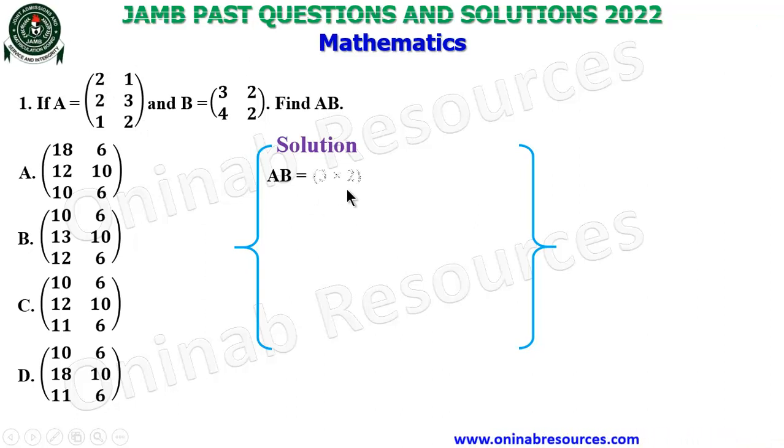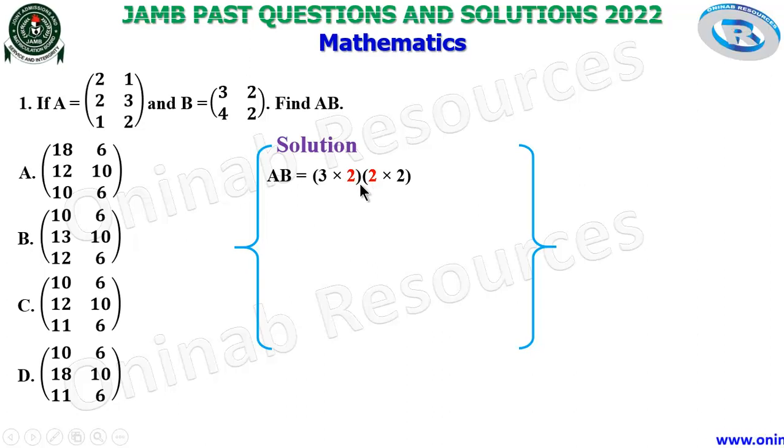That's going to give us a 3 by 2 matrix. And B is a square matrix of order 2. That's a 2 by 2 matrix. So to verify their conformability, the two numbers here, which are 2 and 2, since they are equal, therefore the matrices are conformable for multiplication.